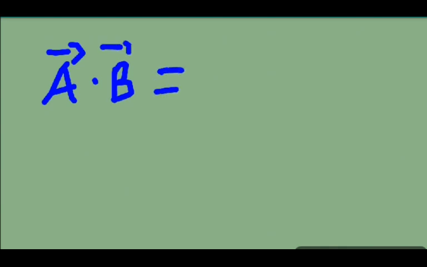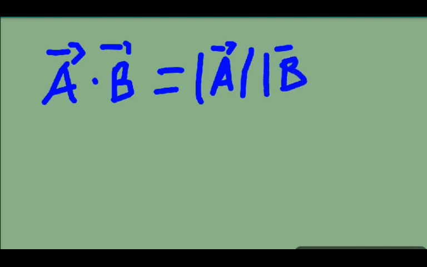And that's one way of finding it, but the other way is just to take the magnitude of A multiplied by the magnitude of B multiplied by cosine of the angle between the two vectors. In this case the angle is 37 degrees, and cosine of 37 degrees is already known, which is 0.8.